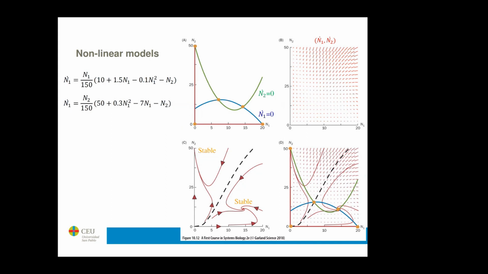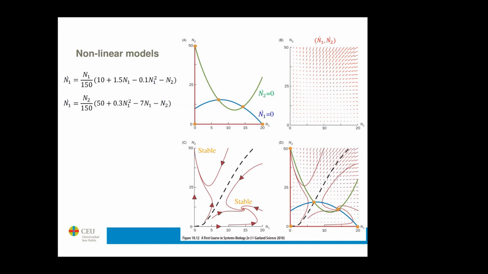Here we have N2 squared. So it is non-linear in N2 too. But we have the same concepts. Which is the curve that makes this derivative zero? It is this one. And now which is the curve that makes this derivative zero? Then it is this one.